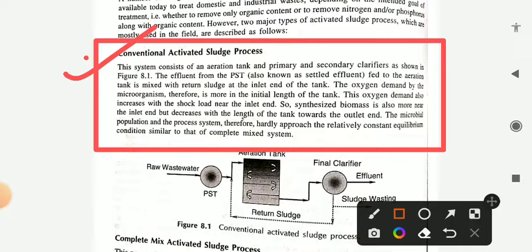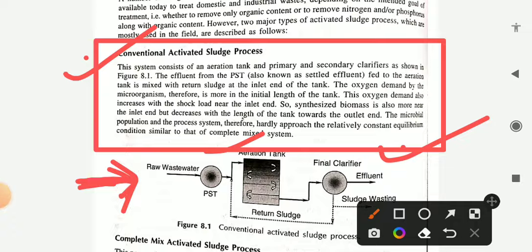So this system consists of an aeration tank and primary and secondary clarifiers as shown in the figure. See the figure, you can see here the raw wastewater or untreated wastewater is charged to the PC unit, right? Then here the aeration tank is provided, and then the final clarifier or secondary clarifier is also provided as a final treatment of sludge.